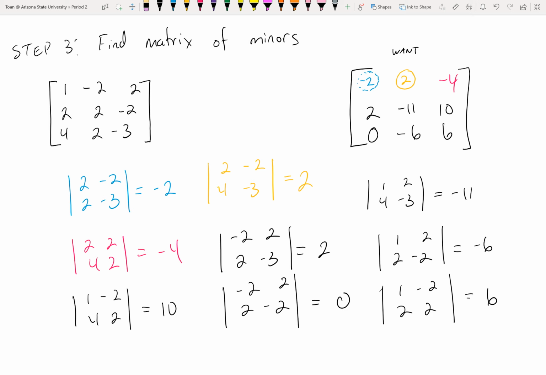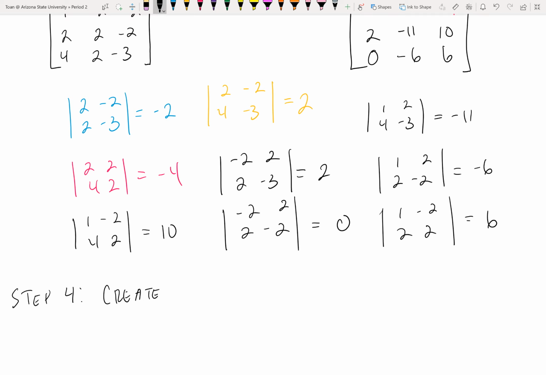Step 4, create your cofactor matrix. So let's do some labeling here. Let's go back to step 3.